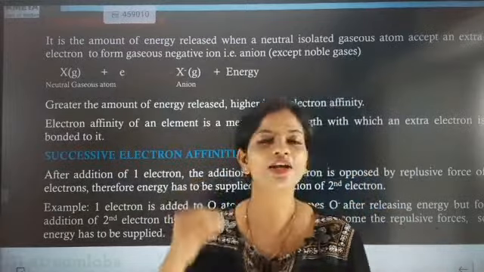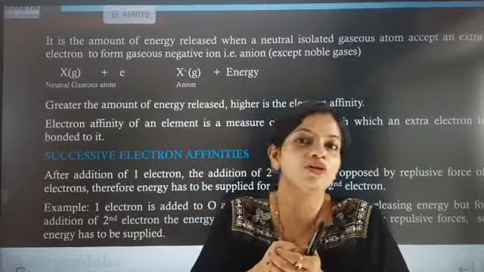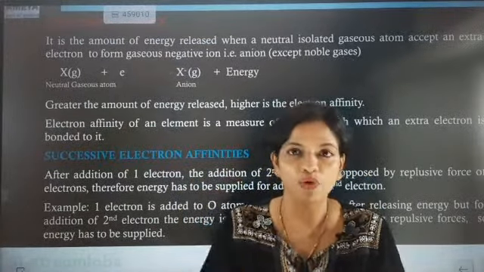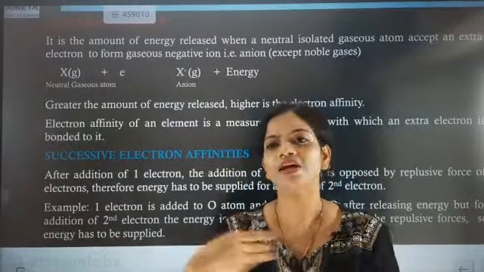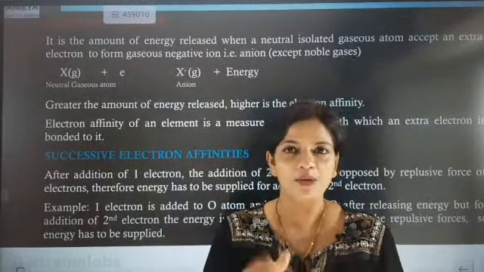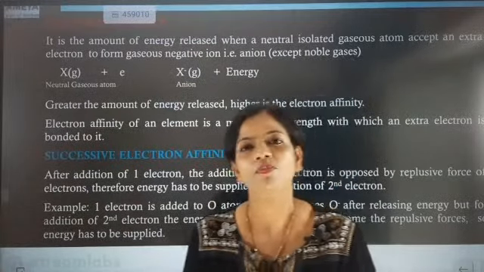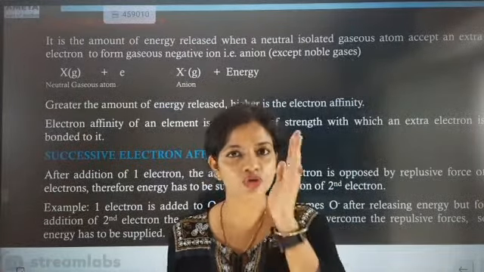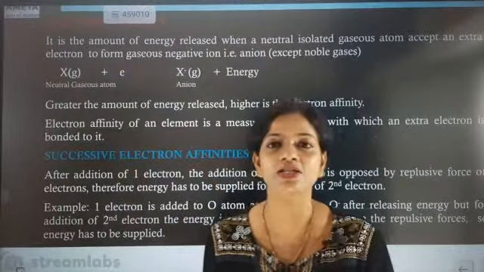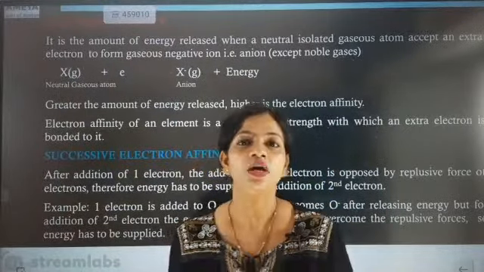Fluorine and chlorine, the halogen family, take electrons very easily, and when they take an electron they release energy. But the one with the stronger electron affinity is chlorine, because of its bigger size.